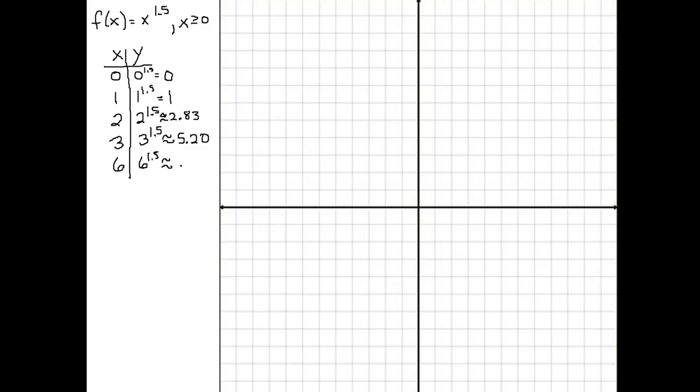I get 14.70. That's off of my grid here. I can go up to 11, and the 12 is at the very top there. So maybe we'll try 5. See what that looks like. 11.18. So that I can actually put on my grid.